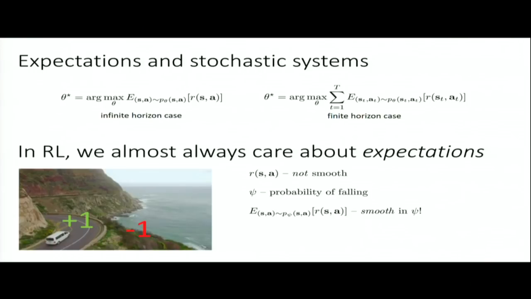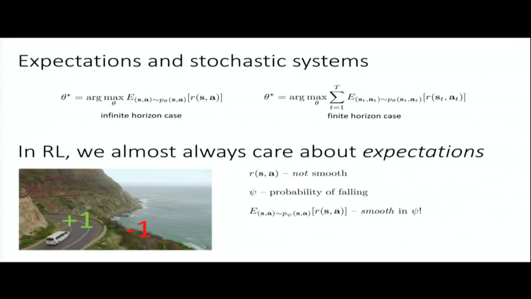Then the expectation of the reward under the state distribution with this probability psi, even though the reward itself is discontinuous, is actually smooth in psi. You can think of psi as, if you drive the car 1,000,000 times, the fraction of those trials on which you'll fall off the cliff. So even though the reward itself is discontinuous, as you continuously vary psi, the expectation does vary continuously.